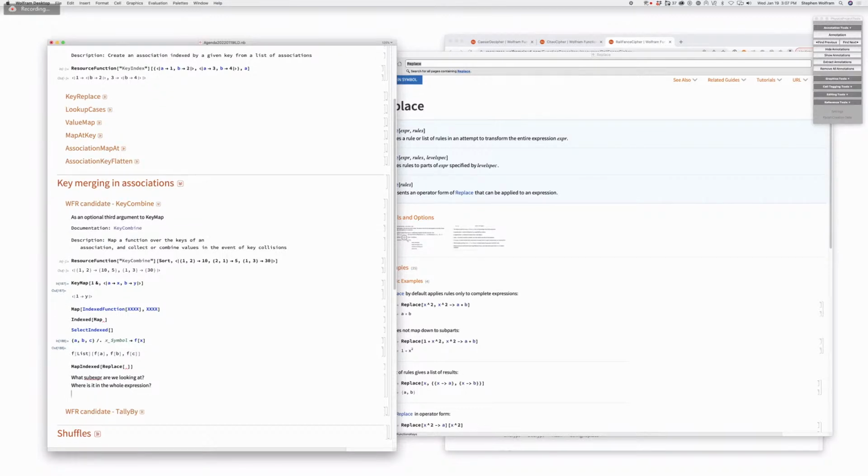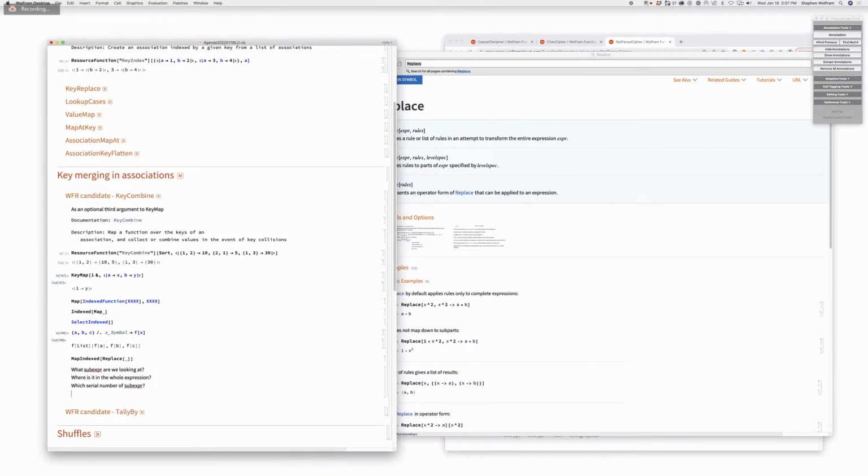We could also ask which serial number of sub-expression we are looking at. It could be really an interesting thing, except in the level 1 case. Is that actually interesting? Well, it might be, for the next case, as a test for whether to consider the sub-expression.